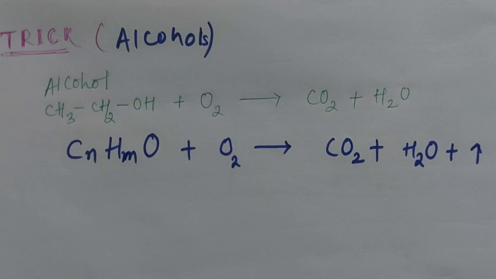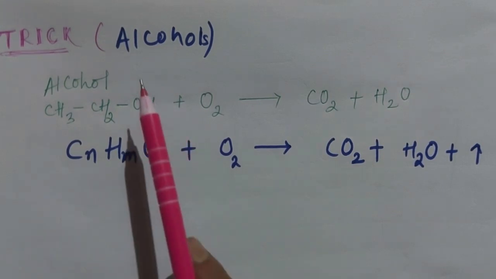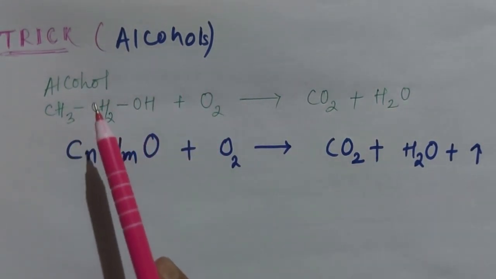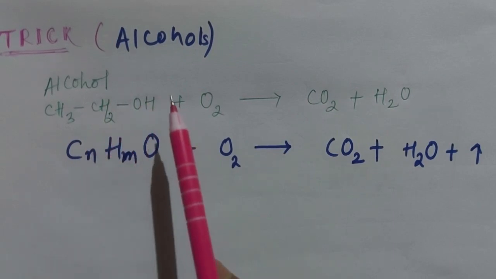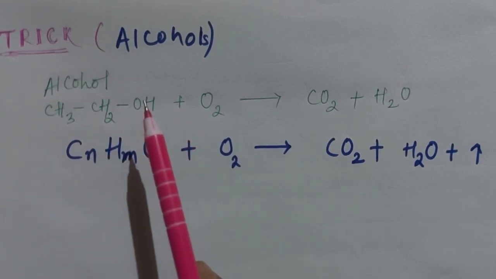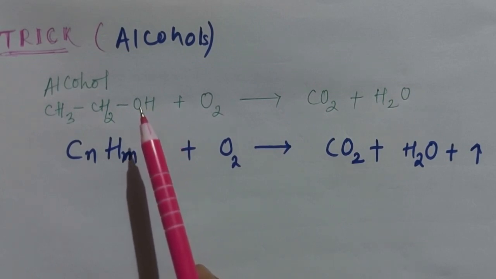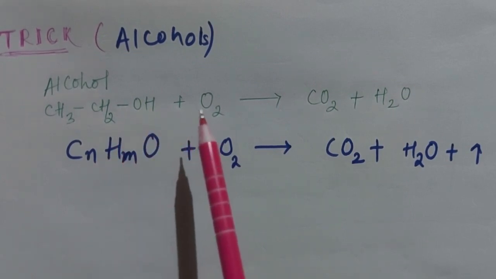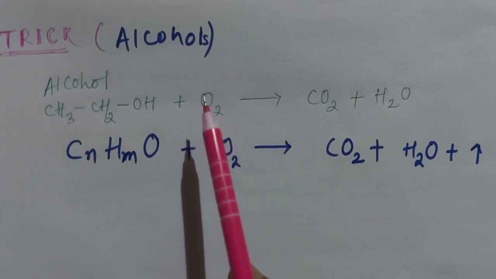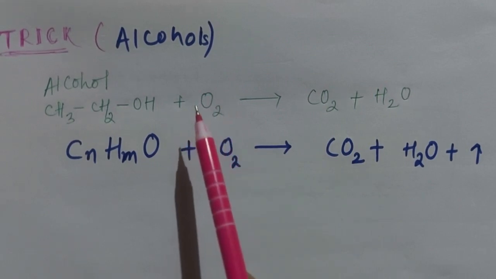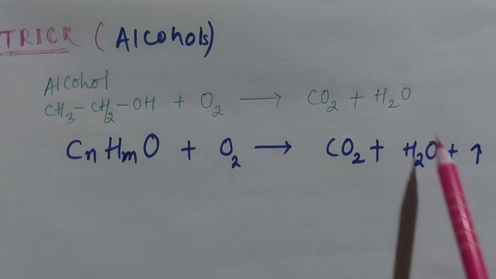Now I will tell about the trick for writing and balancing of the combustion reaction of alcohol. So what is the formula of alcohol? In alcohol, when one OH, the hydroxy group, is there, that is one oxygen present in the hydrocarbon, plus whenever it reacts with oxygen, it releases CO2 plus water plus energy.